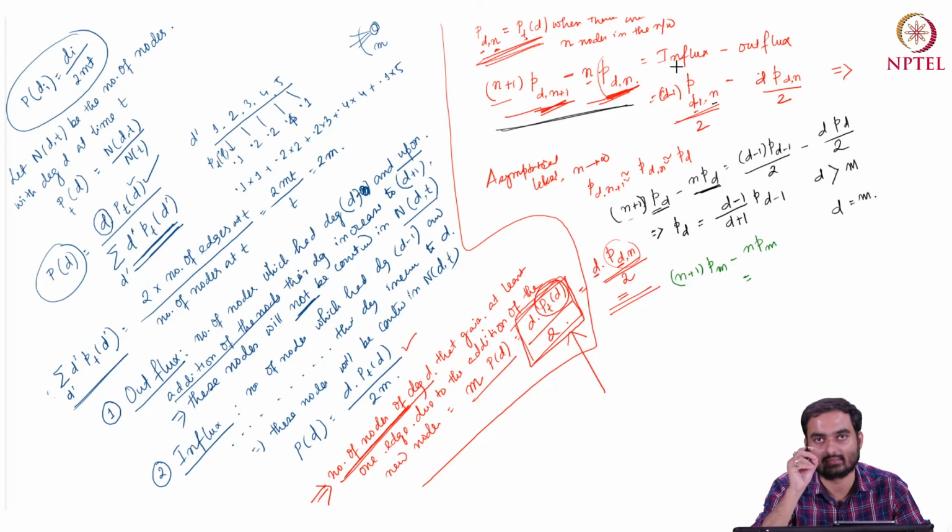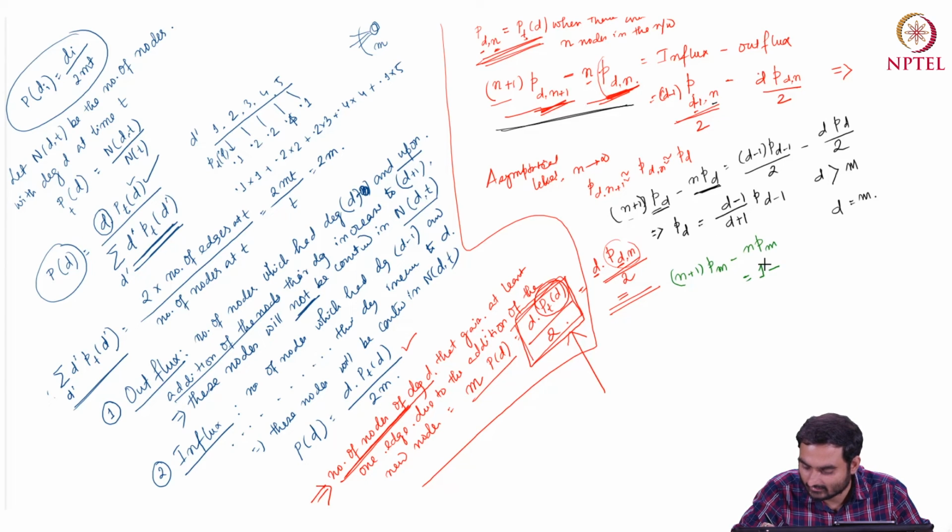The number of nodes with degree m. So what's the influx? How many such nodes are there with degree m when a new node comes in? 1, because the node which is coming has degree m. So the influx would be 1. And what would be the outflux? Outflux we do not know, so we need to compute.